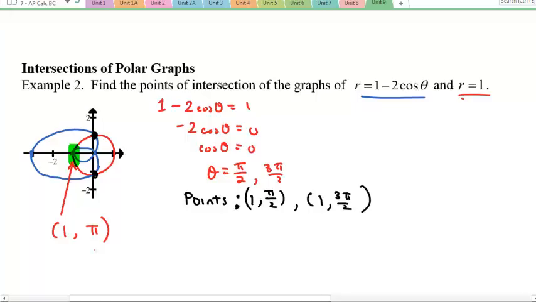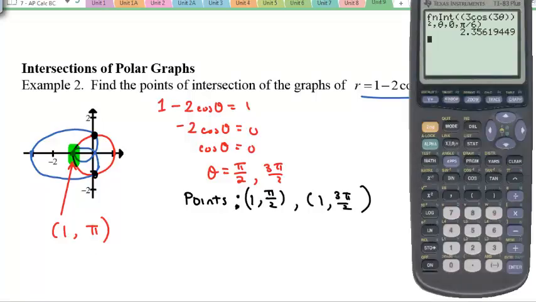Now, how come we can't find this algebraically? So let's take a look, and let me graph this out on the graphing calculator for you. So r equals 1 minus 2 cos theta. And then over here, r equals 1. Okay, graph. Now watch as we trace out the graph.